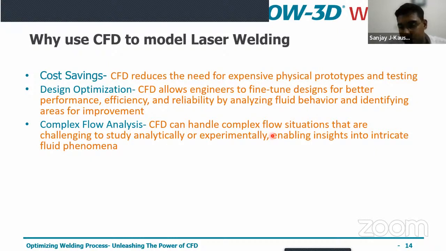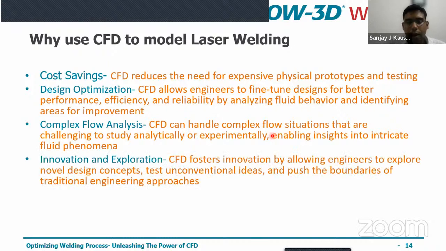So it gives you insights into intricate fluid phenomena with respect to viscosity or surface tension of the fluid. And also about innovation and exploration. The kind of simulations that you can do on a CFD is the sky's the limit.